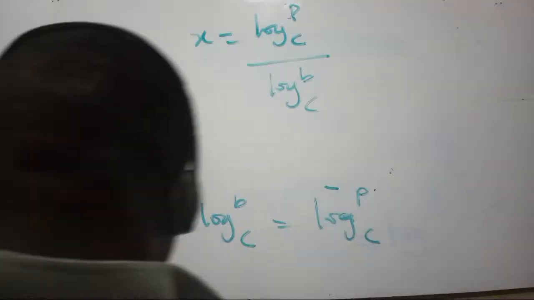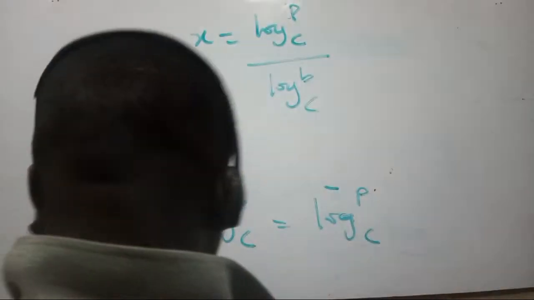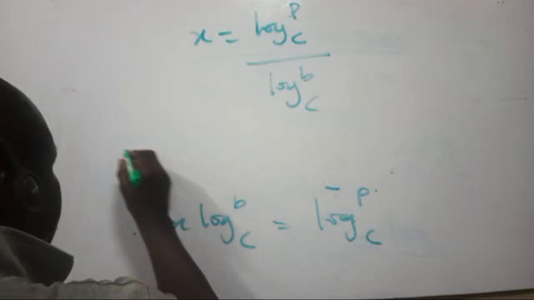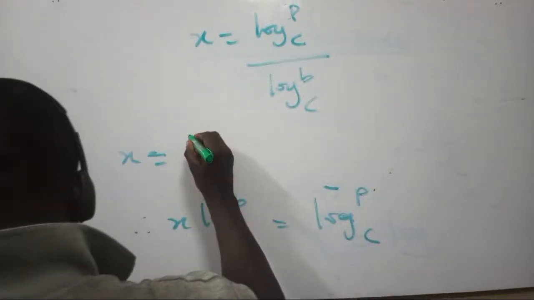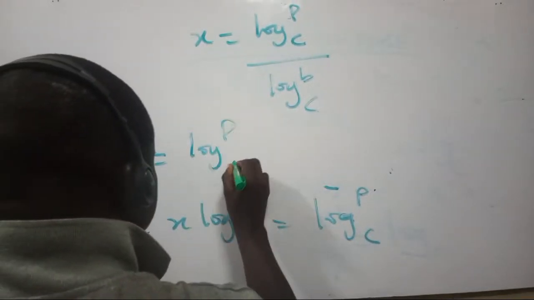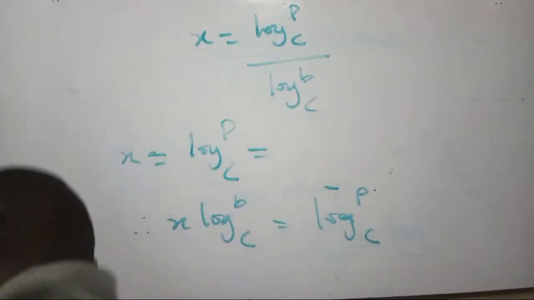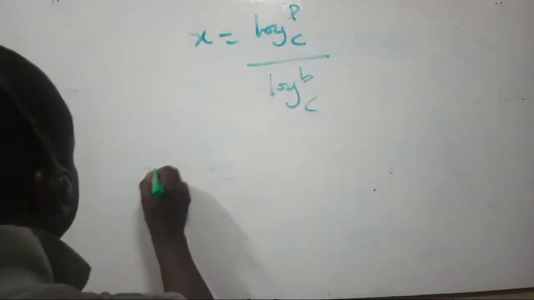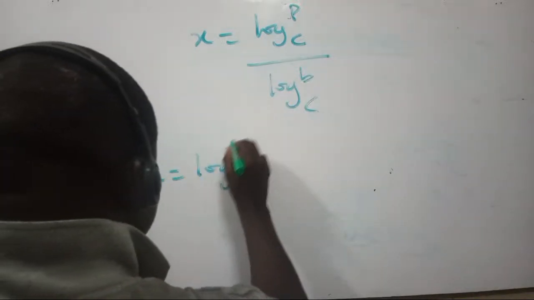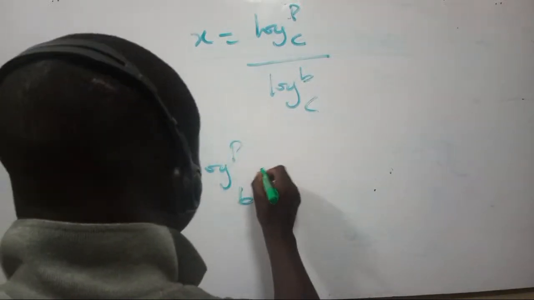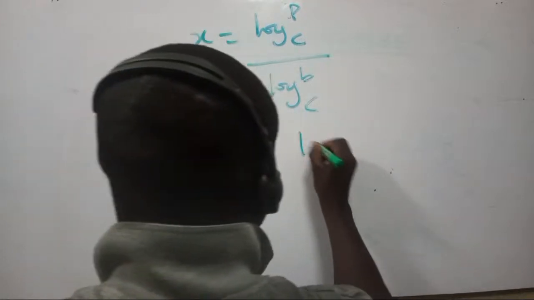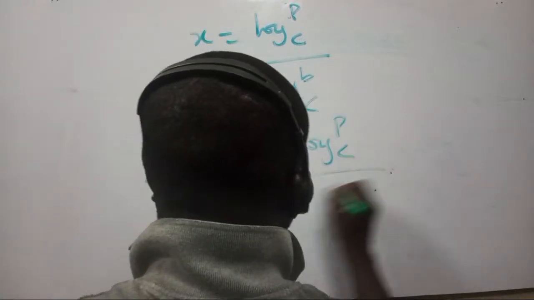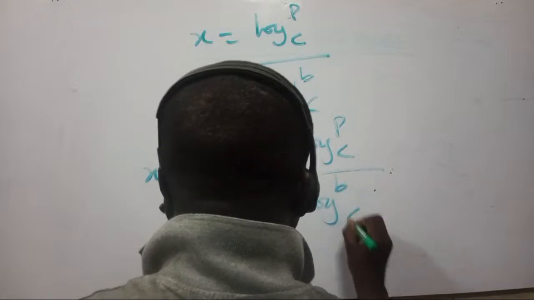Therefore, what is x from the onset? We know that x is equal to log p base b, which is now given as log p base c all over log b base c.